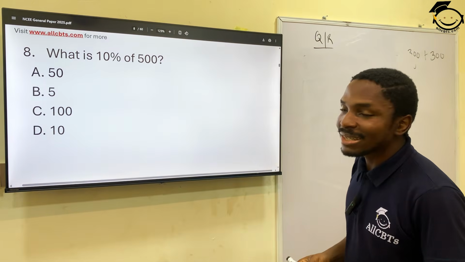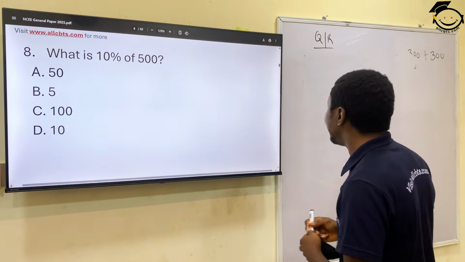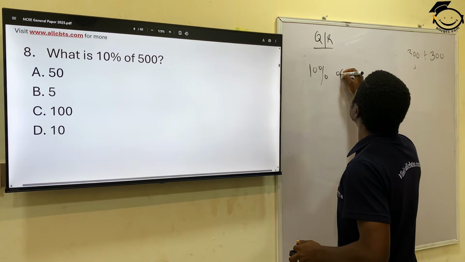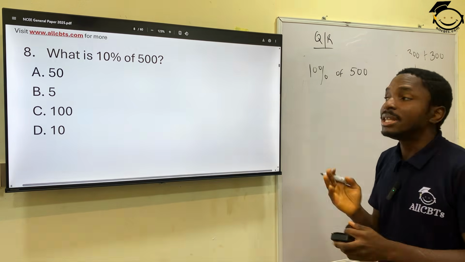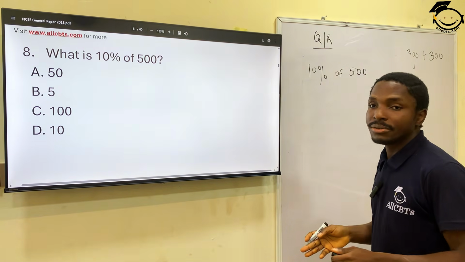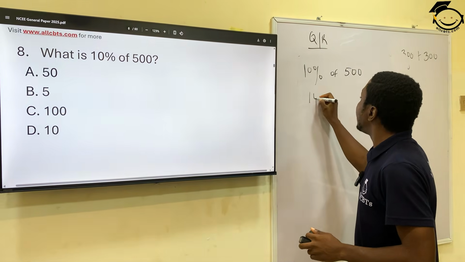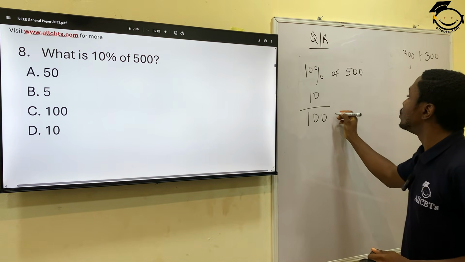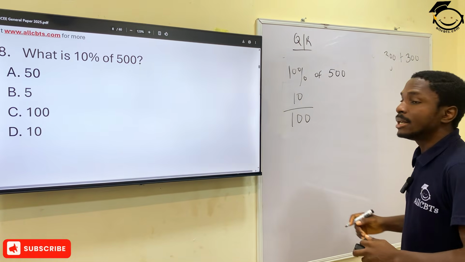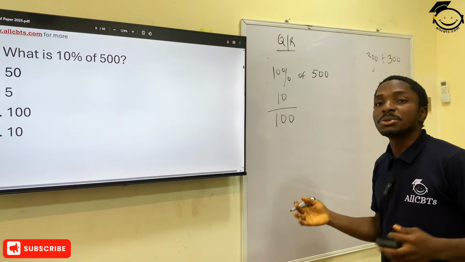Now, question number 8. What is 10% of 500? So 10% of 500, or 10 percentage of 500. Percentage means 100, right? So that's simply 10 over 100. Of is times or multiplication in mathematics. When you see of, it also means multiplication.